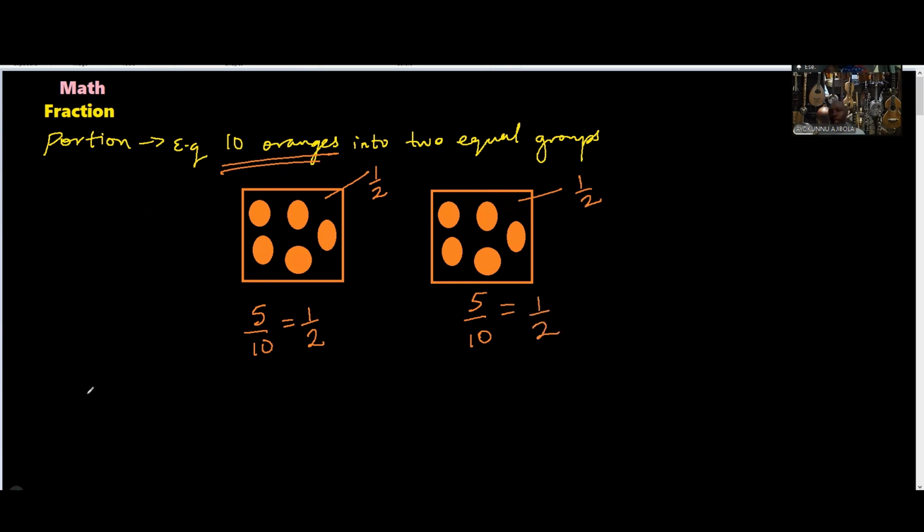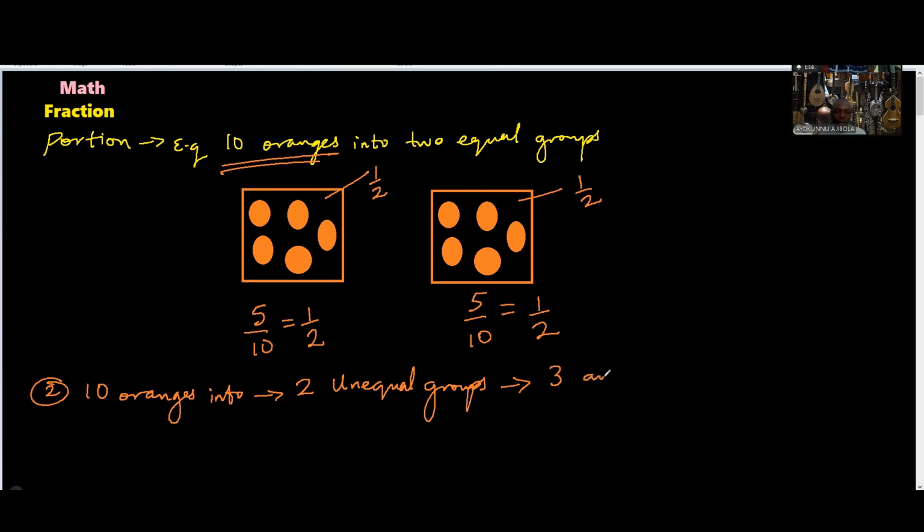But in another case, let's say we have the same 10 oranges into two groups, two unequal groups this time around, okay? So the two unequal groups say maybe 3 and 7 oranges.